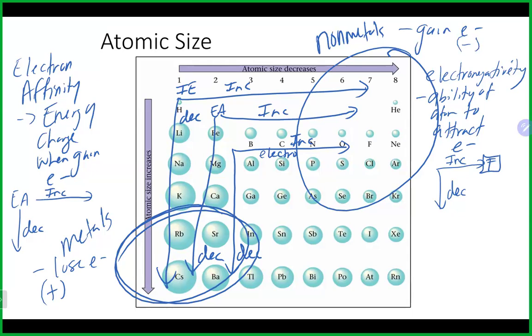At the extreme of the periodic table, right here at fluorine, this guy is like, I want my electrons, I want your electrons, I'm going to take your electrons. Why? It's the most reactive nonmetal. Down here, bottom left, most reactive metal, because he has all of the properties of take my electrons, I'm not going to hang on to them.